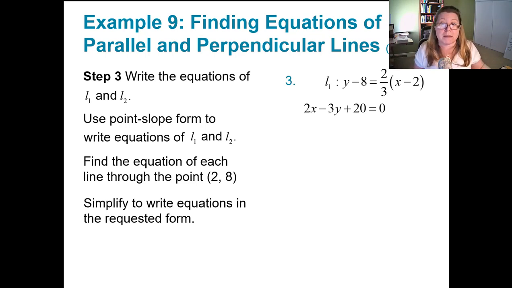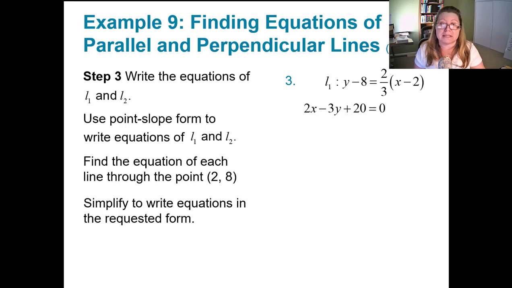So throwing in my point, y minus y1 equals m times x minus x1, I'm going to get y minus 8 equals 2/3 times x minus 2 for the parallel line going through point (2, 8). Manipulate that mathematically, and you will get the general form 2x minus 3y plus 20 equals 0.